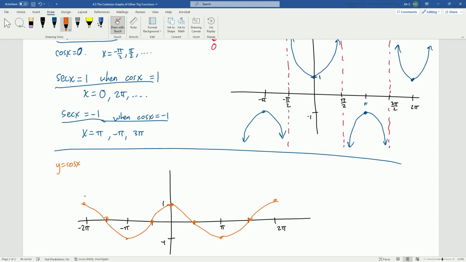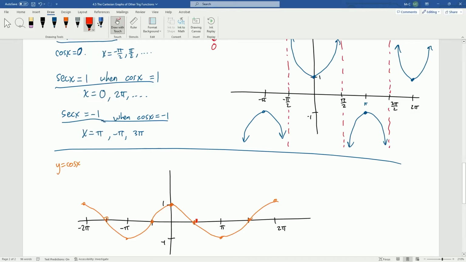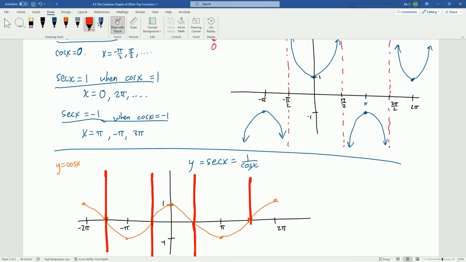And then when you look at this curve, you should say, hey, everywhere that I had a 0 for cosine, when I look at secant of x, which is 1 over cosine of x, I should get undefined for secant, and I'm going to get an asymptote there. So everywhere you have a 0 for that cosine function, you can just draw an asymptote.